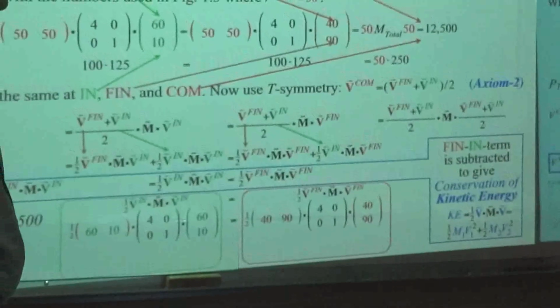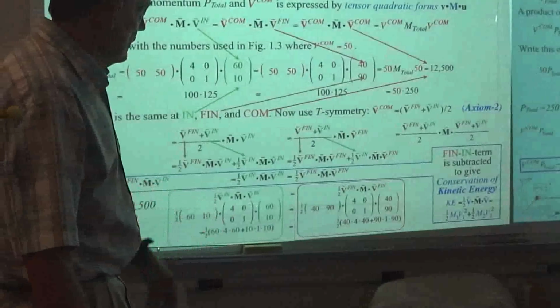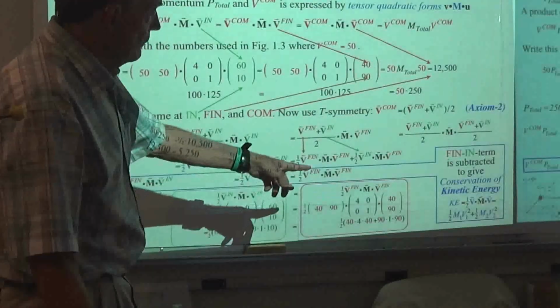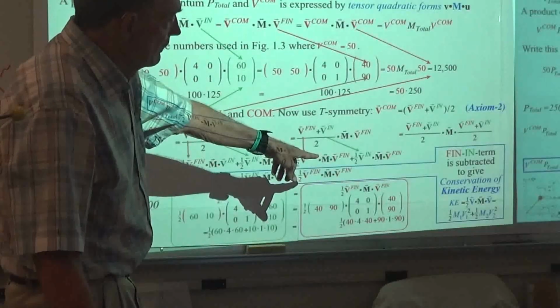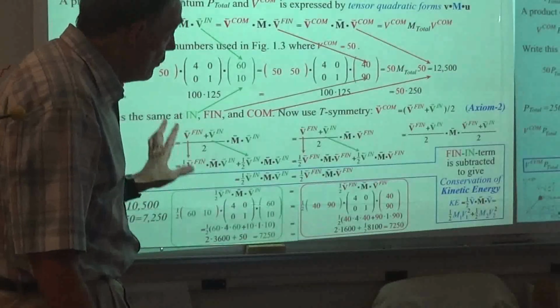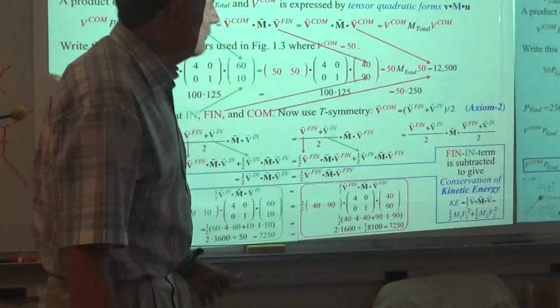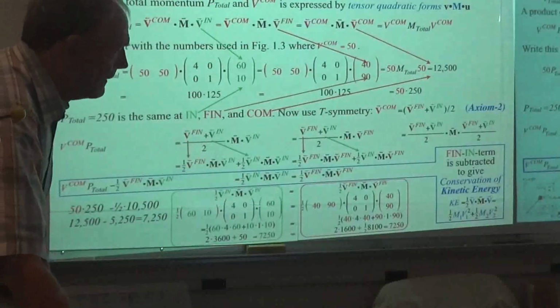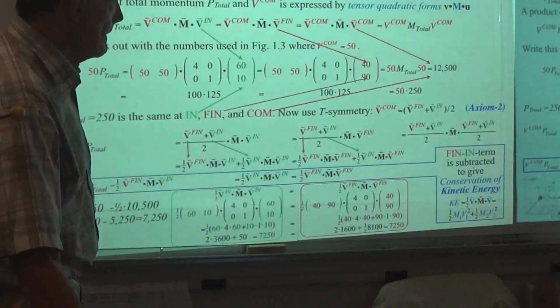Now let's again, after we've done this, this is just going ahead and writing the actual values of the initial kinetic energy, 1/2 mv squared basically, and the final kinetic energy, and that's total kinetic energy. They both come out to be 7250, a wonderful thing, right? That's the basic thing that this proves here.